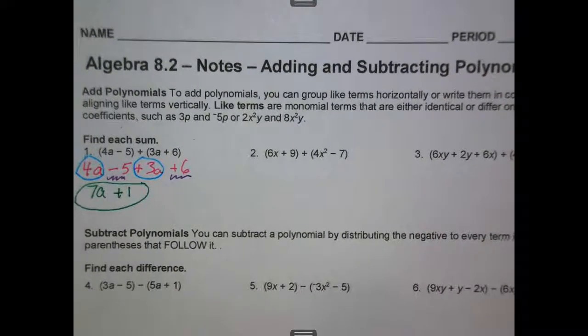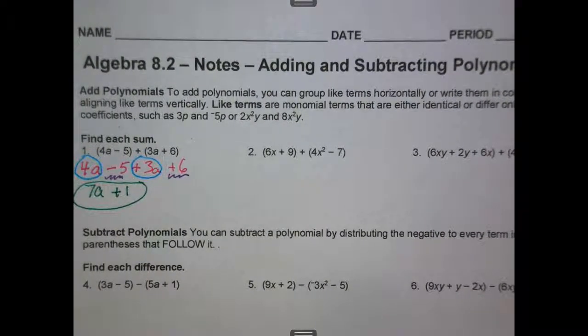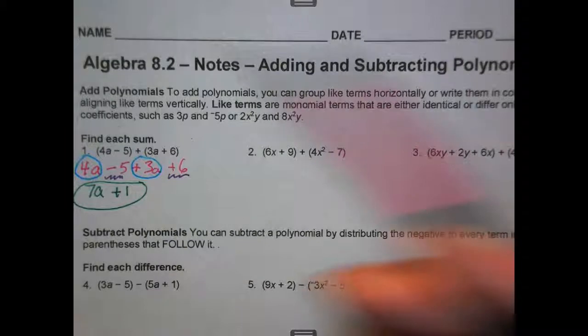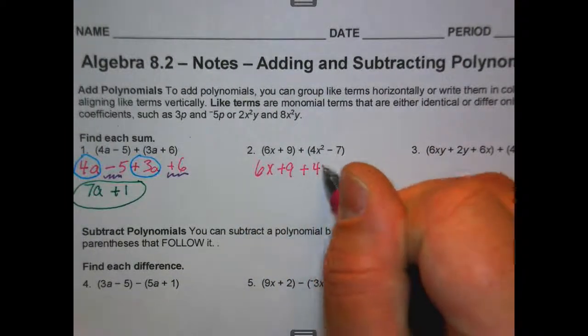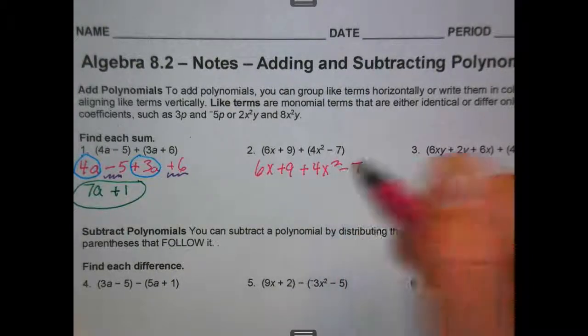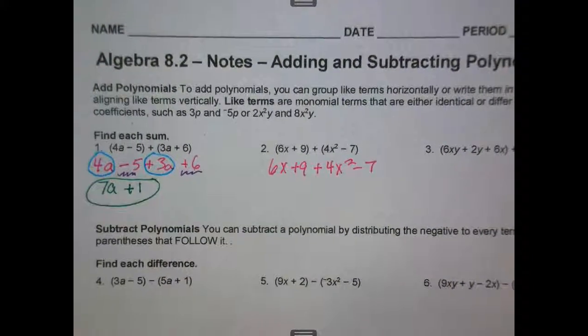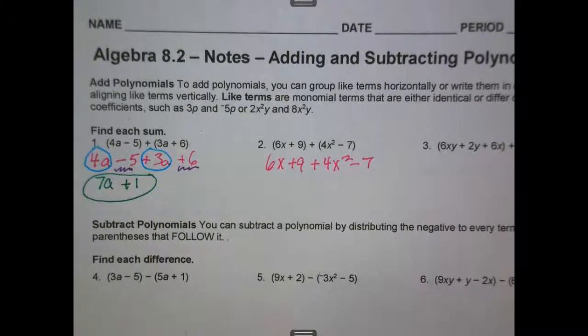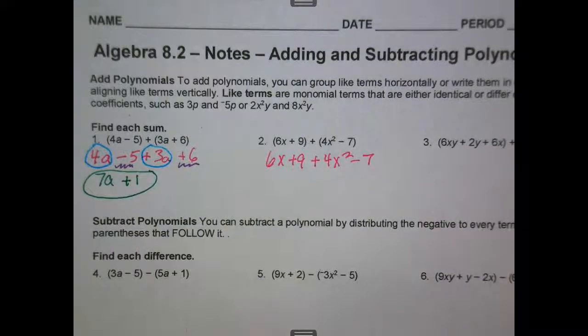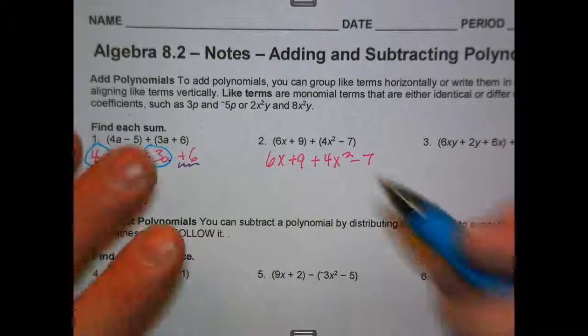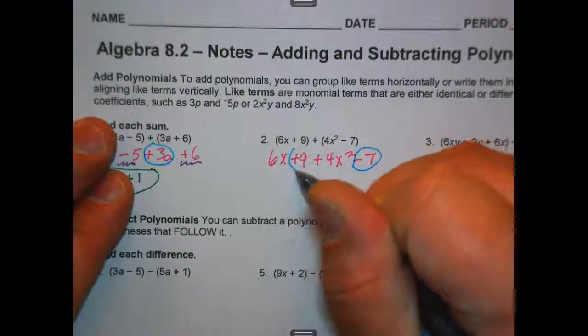All right, so number 2, just drop the parentheses. I get 6x plus 9 plus 4x squared minus 7. Can I combine any like terms here? Yeah, the minus 7 and the plus 9, right?